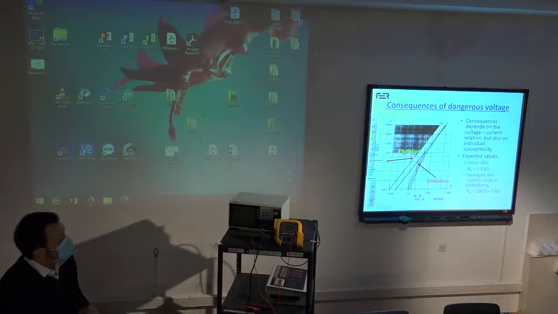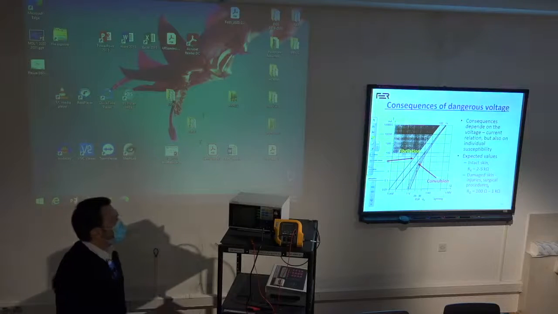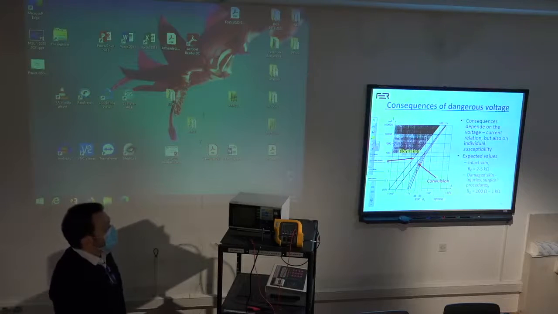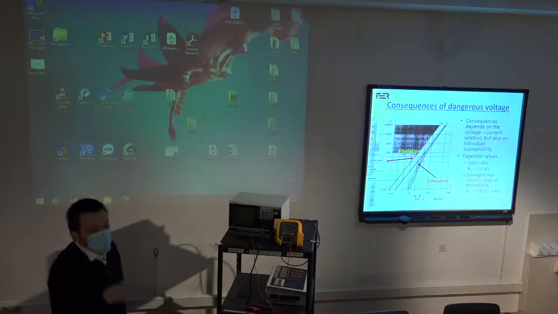So these values may also be transmitted into another kind of graph, which represents the current-voltage values.